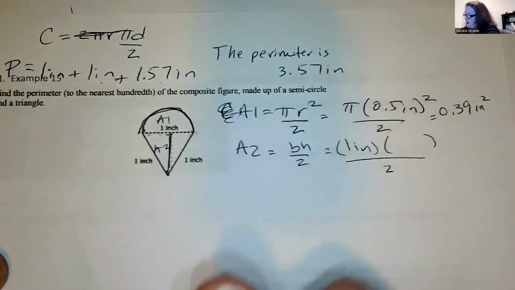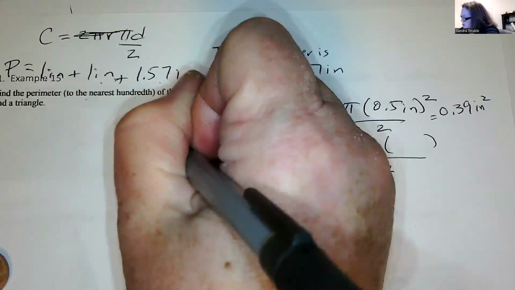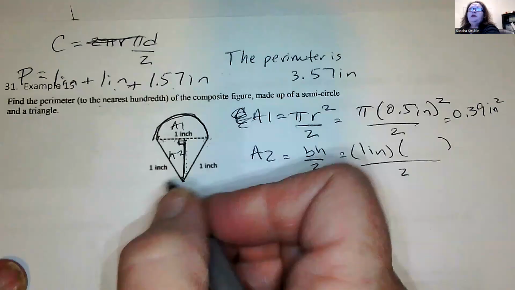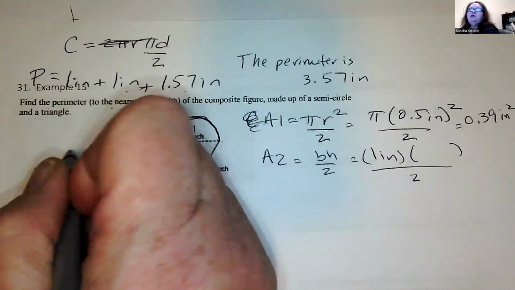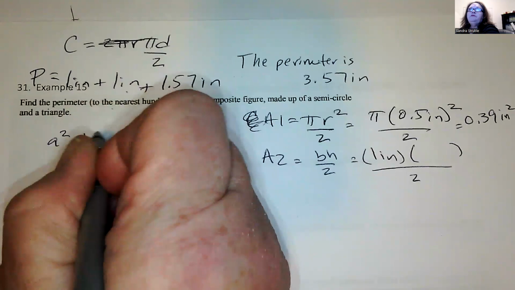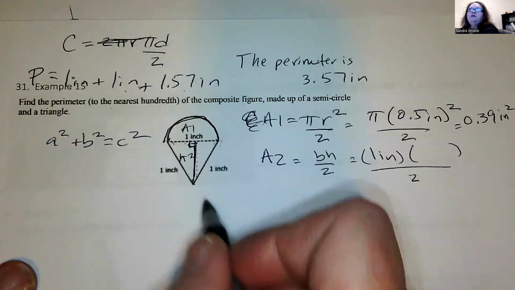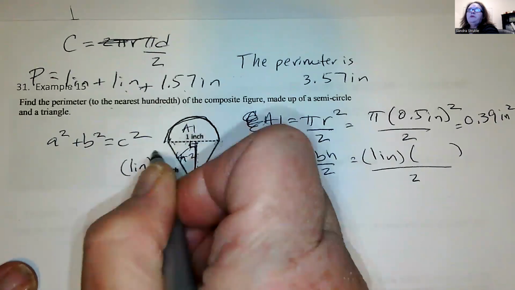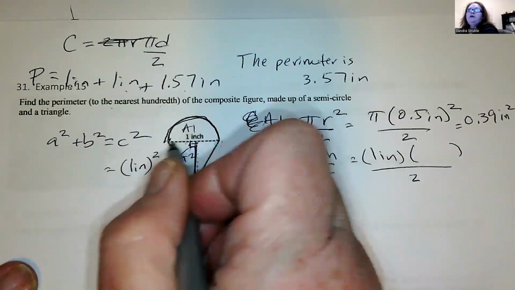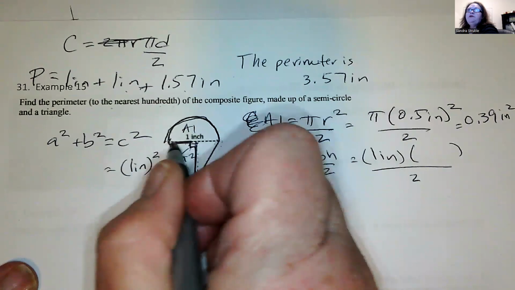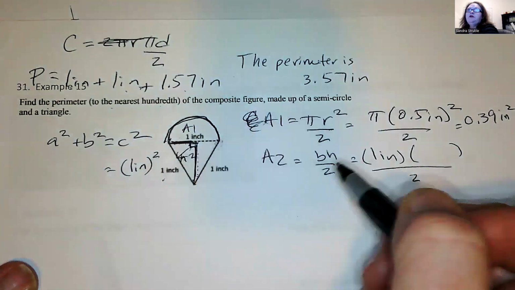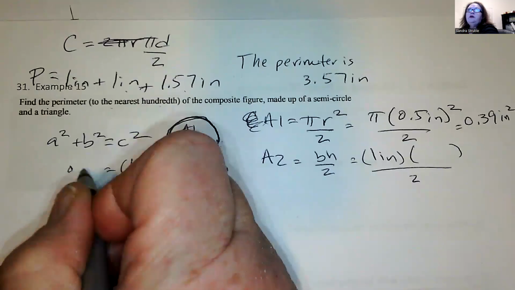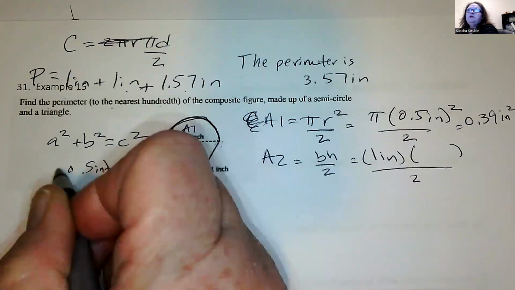In order to find that, we just created a right triangle right here. So we can find what this leg is by just using Pythagorean. All right, the hypotenuse is 1 inch. Well, one of the legs is just half of an inch because it's only this piece here. So 0.5 inch.